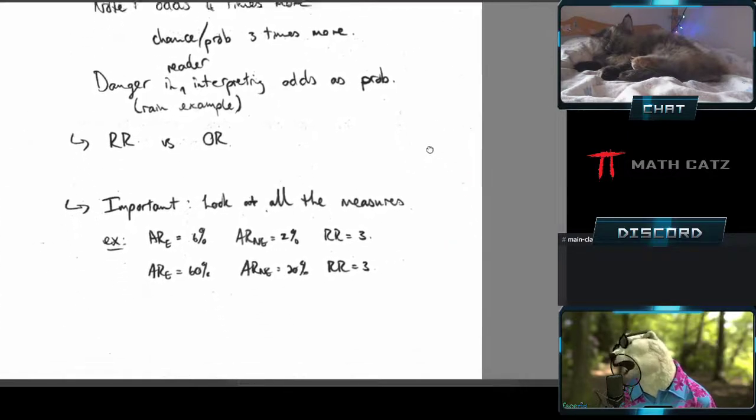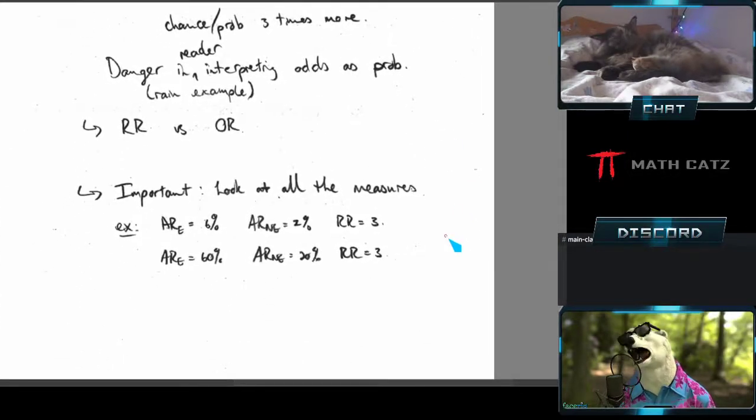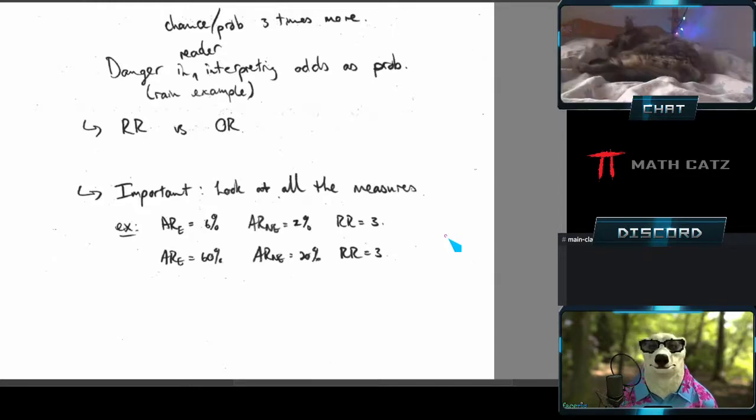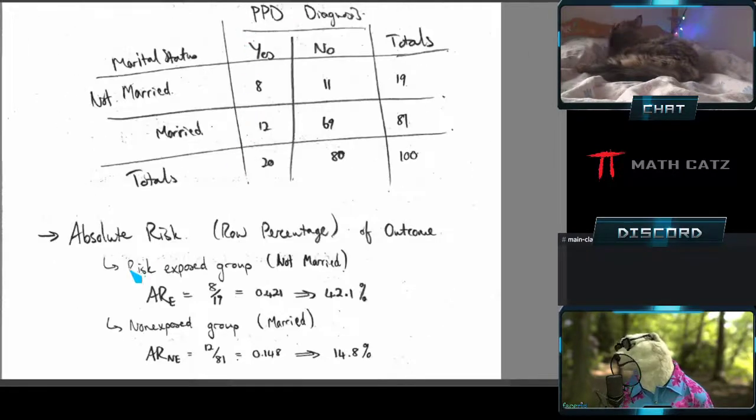I'll wrap it up by noting that it's important to look at all the measures. I don't want to have a single measure as the be all and end all, and I don't necessarily want to present absolutely every measure or statistic, but this should be in context to a few. If I look at the relative risk, if it comes from the absolute risk, remember, absolute risk just being the percentages.